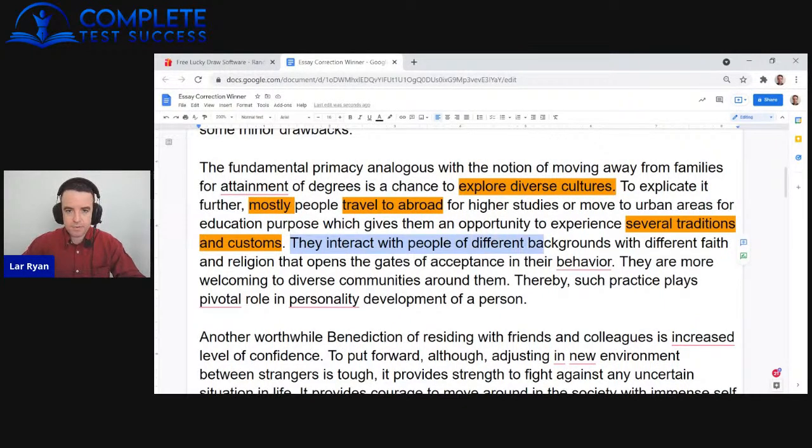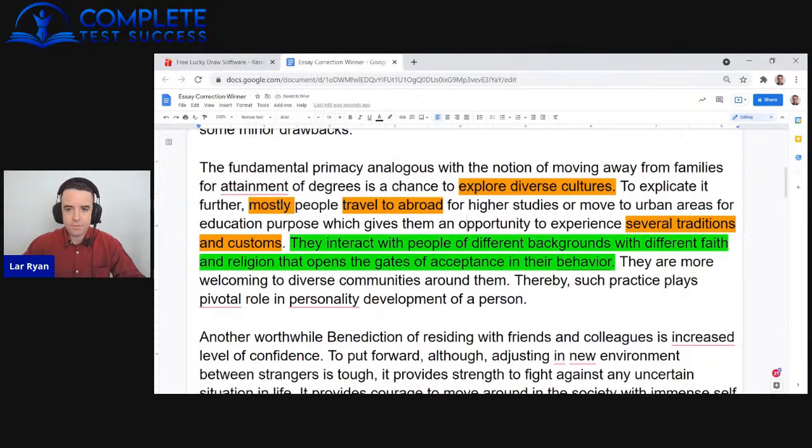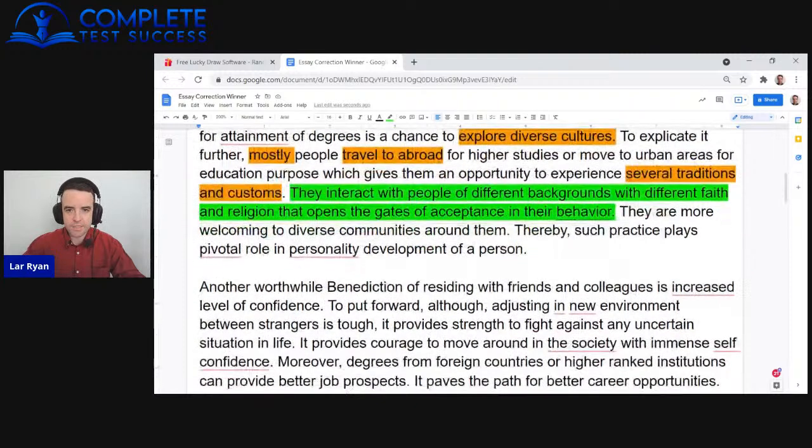They interact with people of different backgrounds with different faith and religion. That opens the gates of acceptance in their behavior. You know, this is starting to save the answer a bit. So we're talking about people from different religions. So if you move to another part of the country, you're experiencing, okay, so this is starting to make sense here.